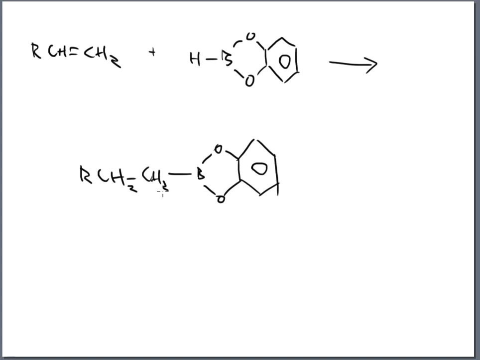So this would be happening maybe in a different flask in a different part of the lab, and we would make this reagent, and then we would turn around and use this reagent inside of our reaction vessel. That way we can add the palladium to it and add our halogen to it as we need or as we see fit.